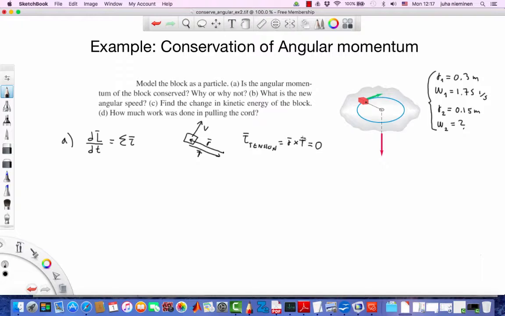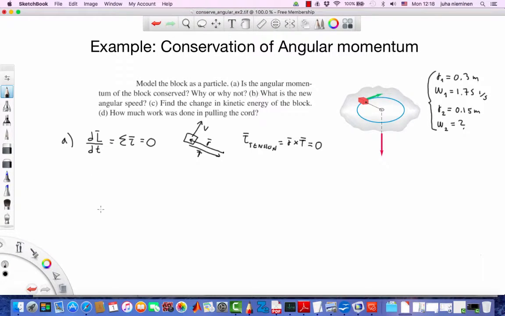The cross product is only non-zero if those two vectors have some perpendicular components, and these two don't. So in fact there is no net torque exerted on the body by pulling the string. So in that case we can say that the change in angular momentum is also 0, and angular momentum indeed is conserved.